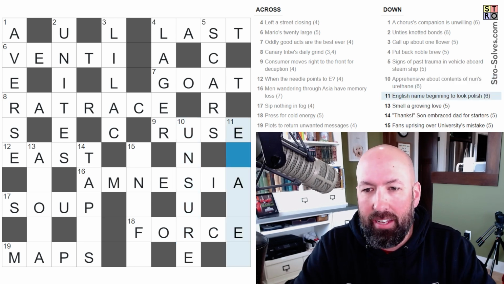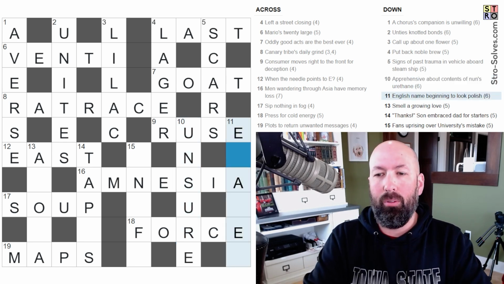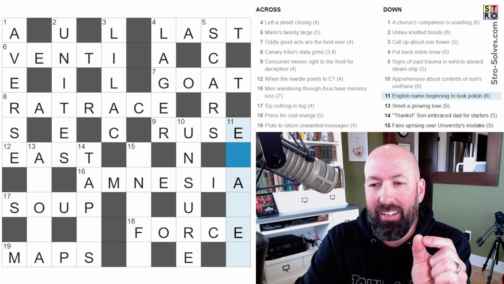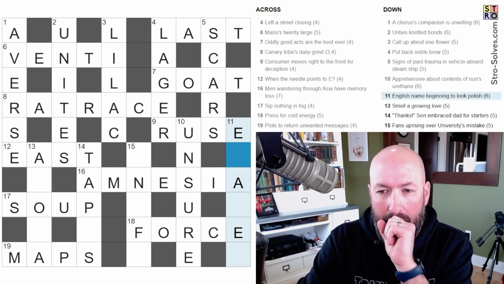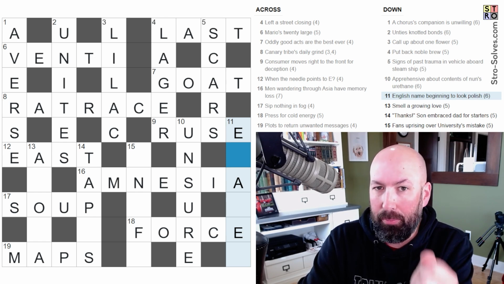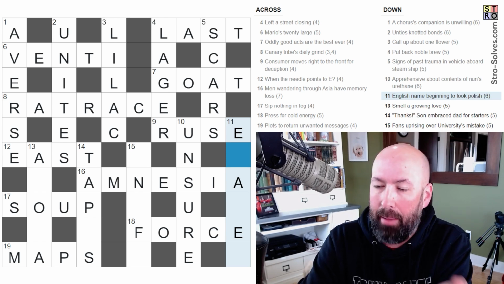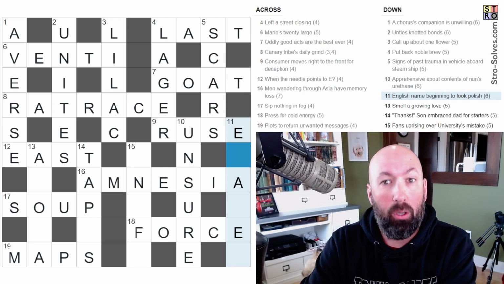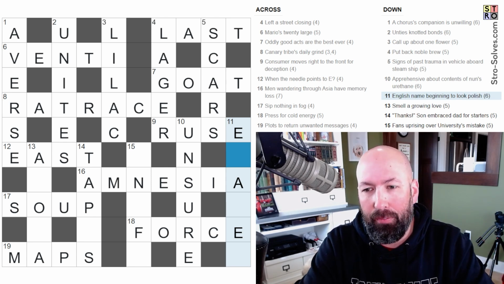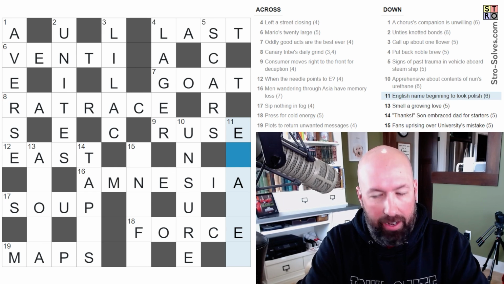All right, so 11 down. English name beginning to look Polish. Now, this one is a little bit of a trick. I wanted to do a capital P because the lowercase p should actually clue you into what's happening here a little bit, because Polish should be capital. I talked to a couple people, and they felt that the capital P was unfair.